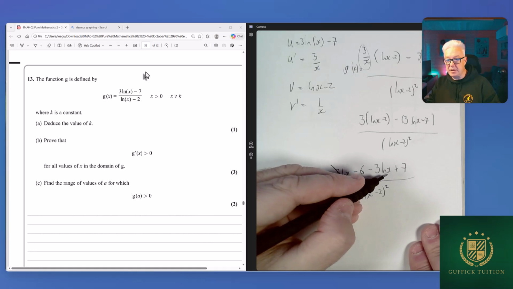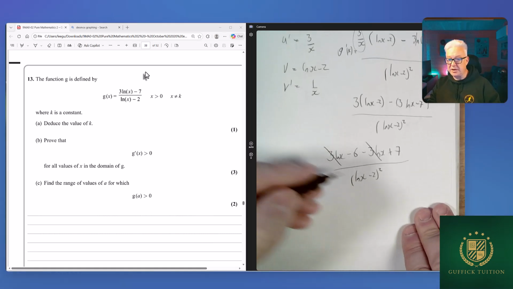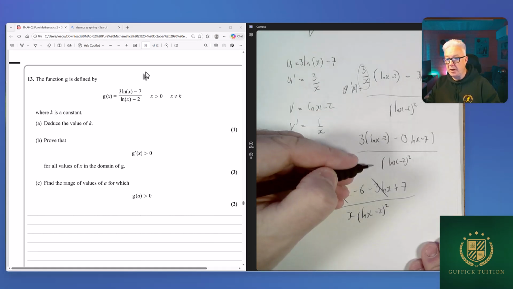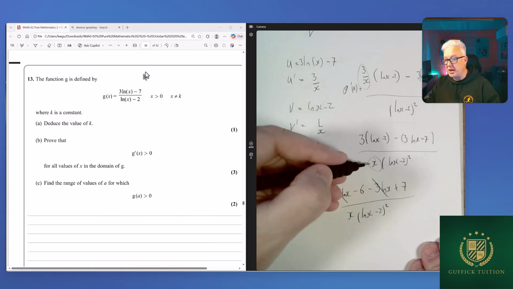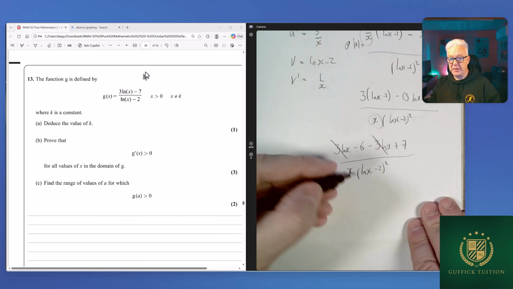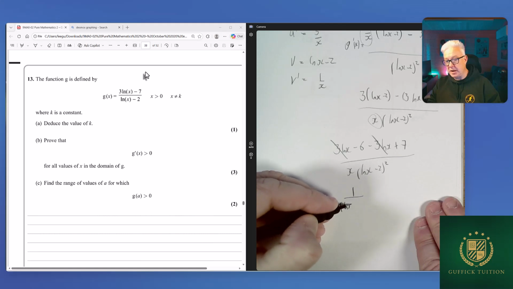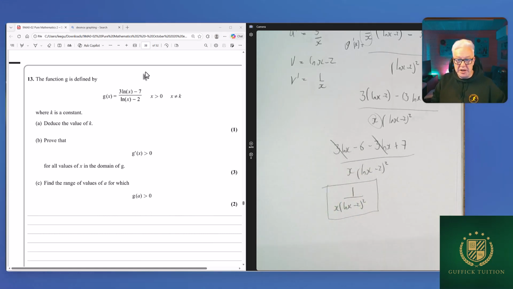Plus 3 ln x and minus 3 ln x are going to cancel. And minus 6 add 7 is going to become 1. I should have mentioned here that when I multiply my numerator and my denominator by x, that's going to introduce an x in that denominator as well. So therefore, we end up with 1 over x times (ln x minus 2) all squared. And that is our g dashed of x.